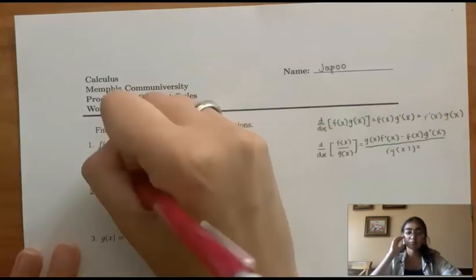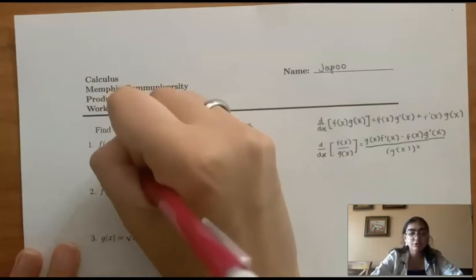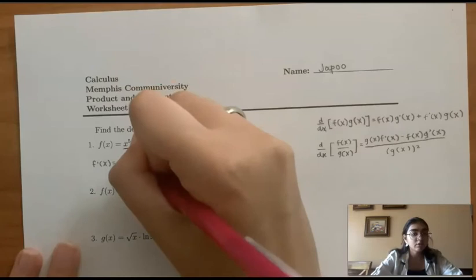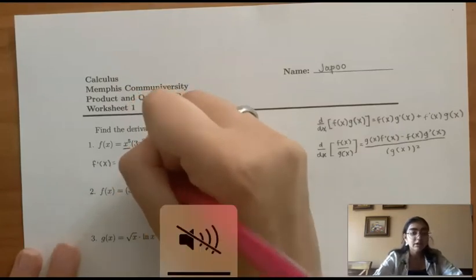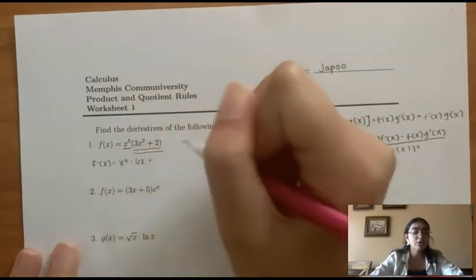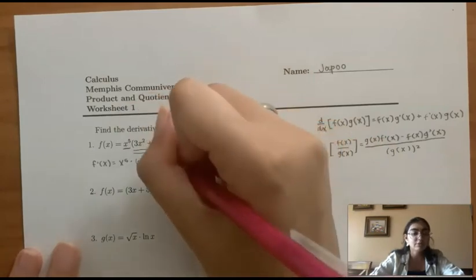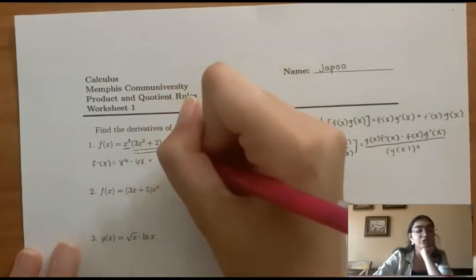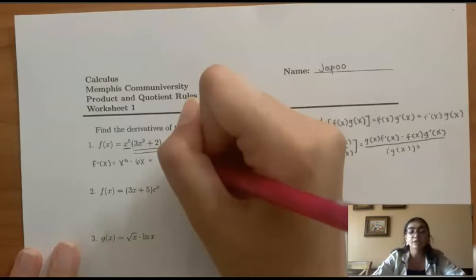So, as per the product rule, we're going to keep the first component the same. So we're keeping x to the fifth the same. And we're going to take the derivative of the second component. So we're taking the derivative of 3x squared plus 2, which gives us 6x.